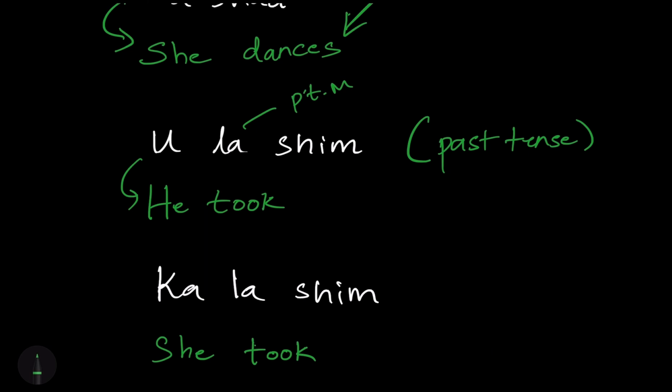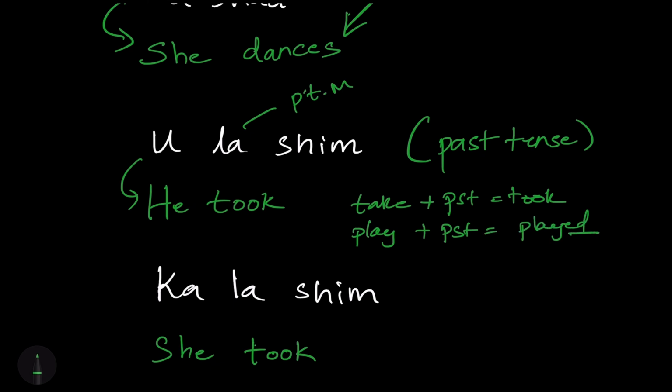It could be take plus past is called took, just like we say play plus past is played. We add ed, and this has its own morphological changes, so don't worry about that. You just memorize la and then shim.